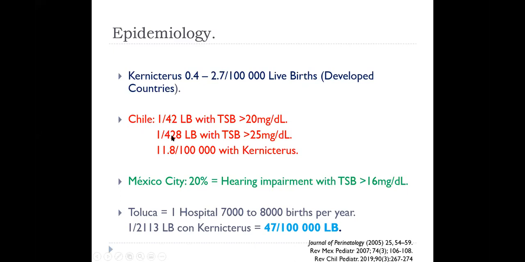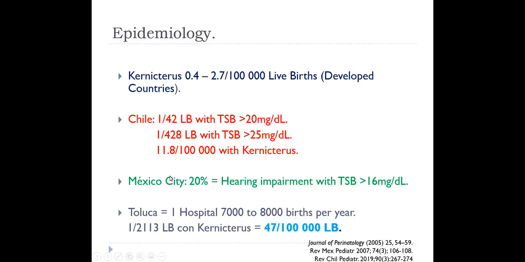Chile is the most important economy in Latin America, and the prevalence of kernicterus is around 11.8 for each 100,000 live births. This is very different from developed countries, and Chile is our best economy.